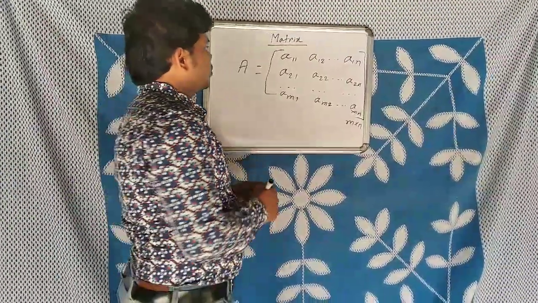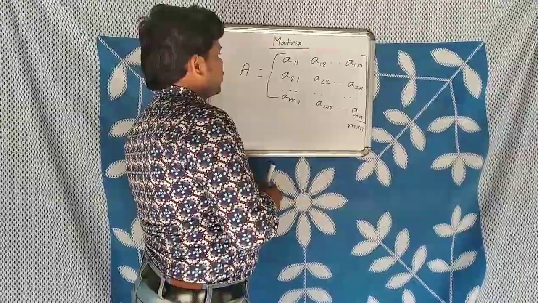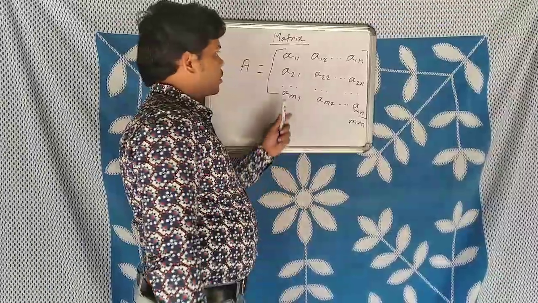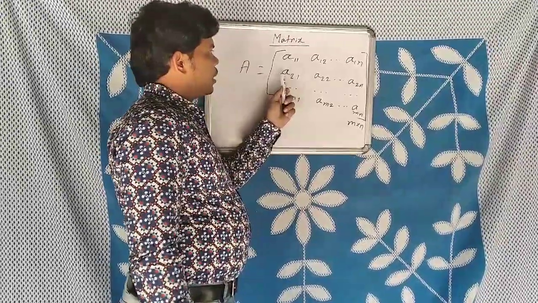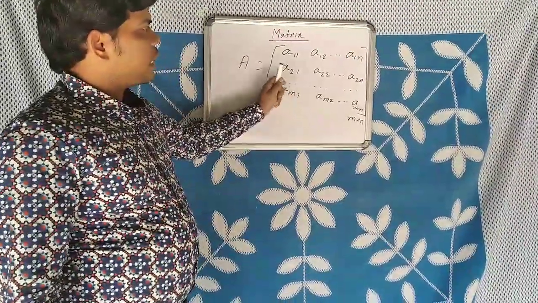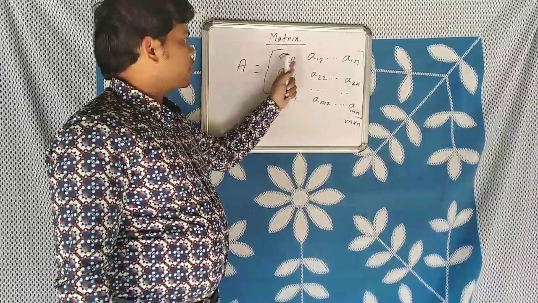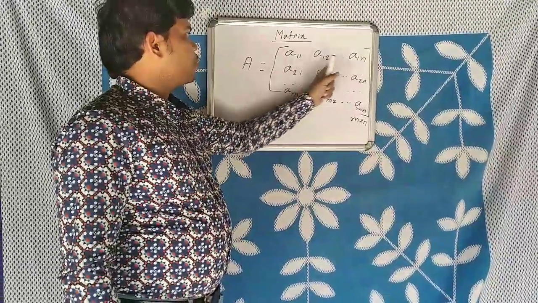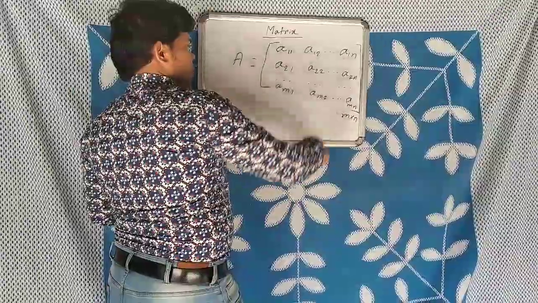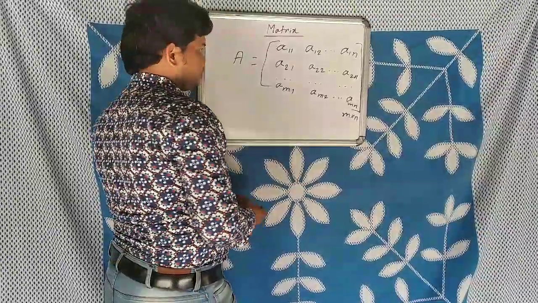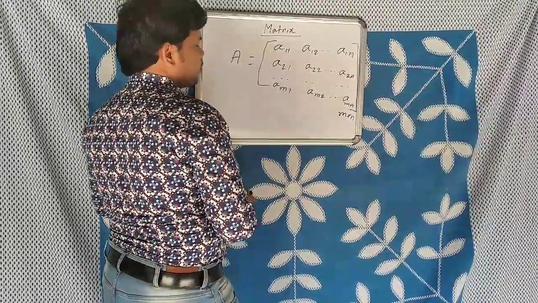So, according to the definition of matrix, a system of any mn numbers arranged in a rectangular array of m rows and n columns is called matrix. This is the general form of matrix.